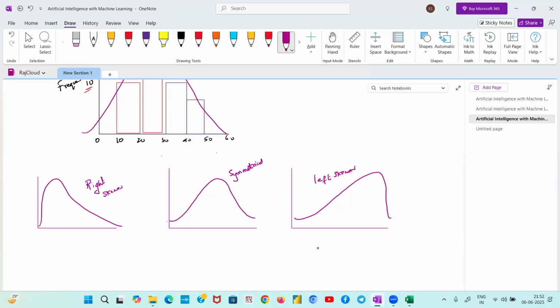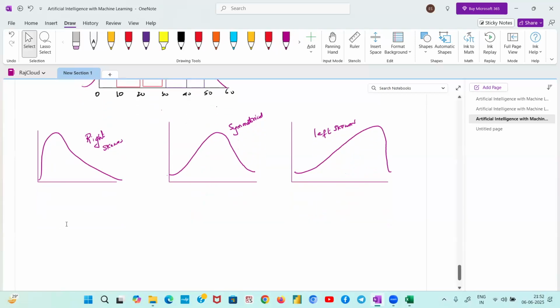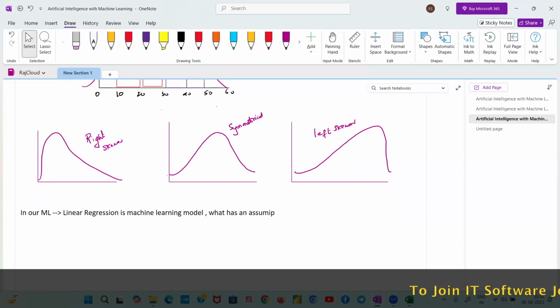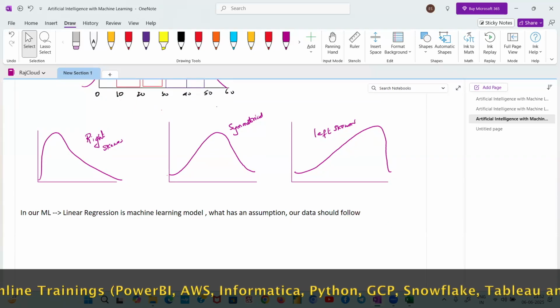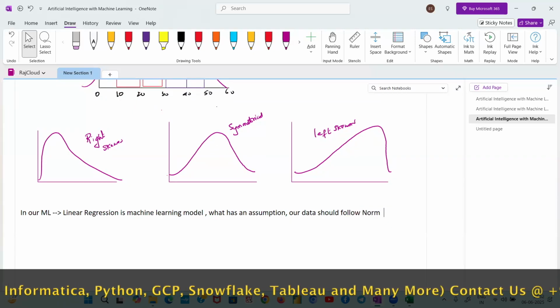Because in our machine learning course, I'm writing a point here. In our machine learning course, there is a topic called linear regression. Linear regression is a mathematical machine learning model. Its assumption is that our data should follow normal distribution.